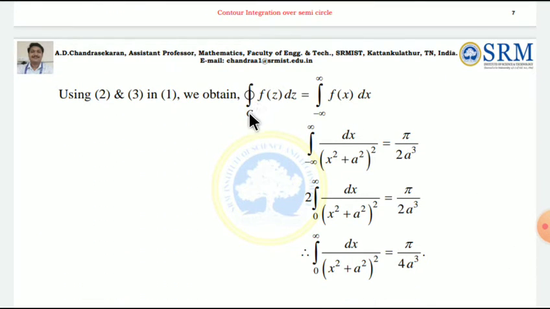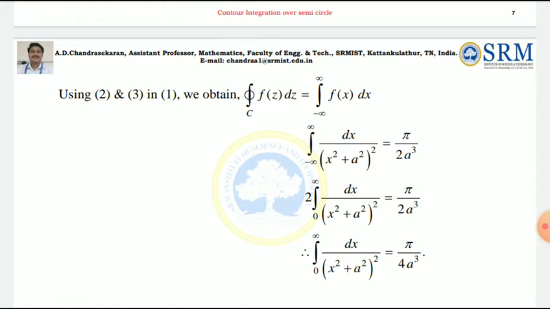So the integral over c of f of z dz is nothing but the integral of f of x dx from minus infinity to plus infinity, which is the real indefinite integral. So this is the main concept behind this problem and behind this type number 2. I hope everyone understands this example.